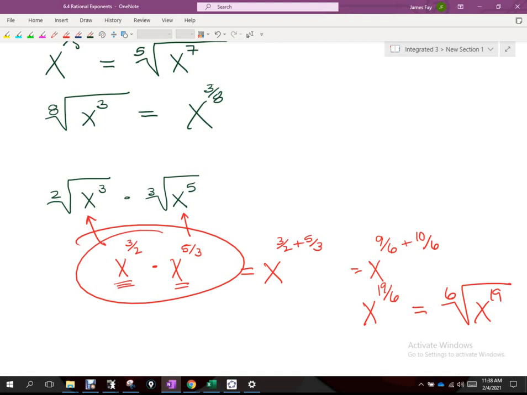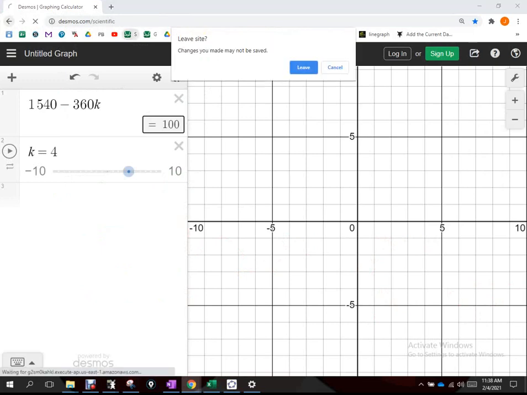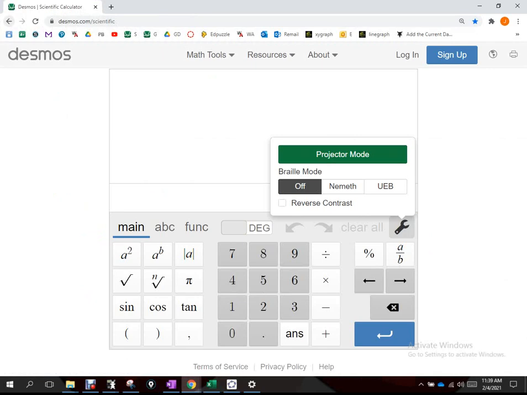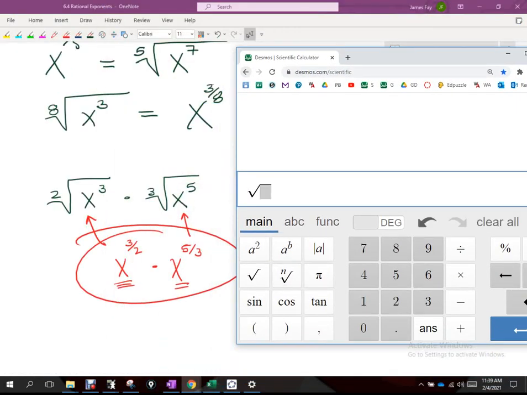Okay, so let's go to Desmos real quick and see if we can make sense of what we just did with our technology. We said we were going to take the square root of x cubed and multiply that by the cube root of x to the fifth.